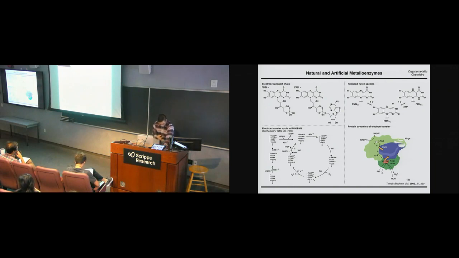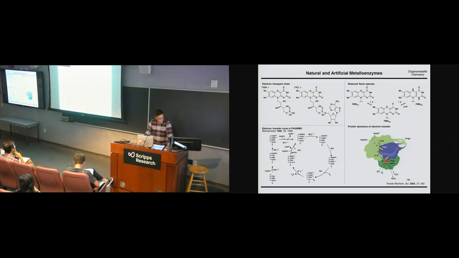So I think the take-home point is that there's sequential electron transfer, and it has to be carefully choreographed to couple the electron delivery system and oxygen activation for productive catalysis without leading to undesired side reactions with your iron center. And it's actually been proposed that the FMN hydroquinone species here is incapable of reducing iron.